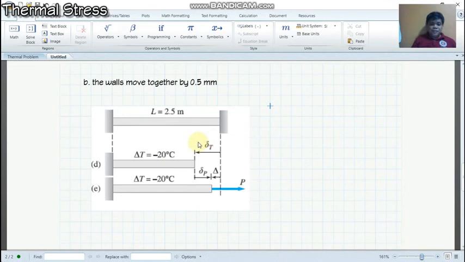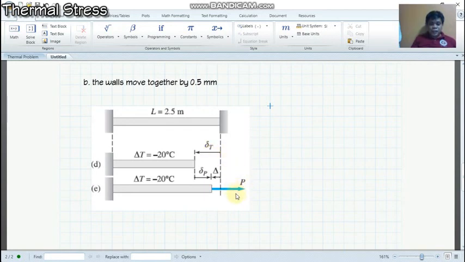Then, to attach the bar back to the support, we need to apply a force P. And this force P will produce your delta P to attach it to the wall. But this time, the wall moved an amount of 0.5 millimeter closer to the bar.